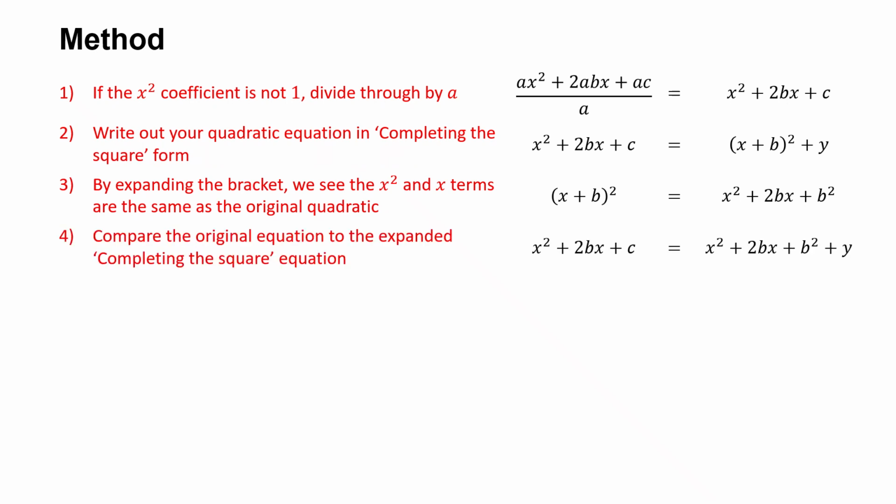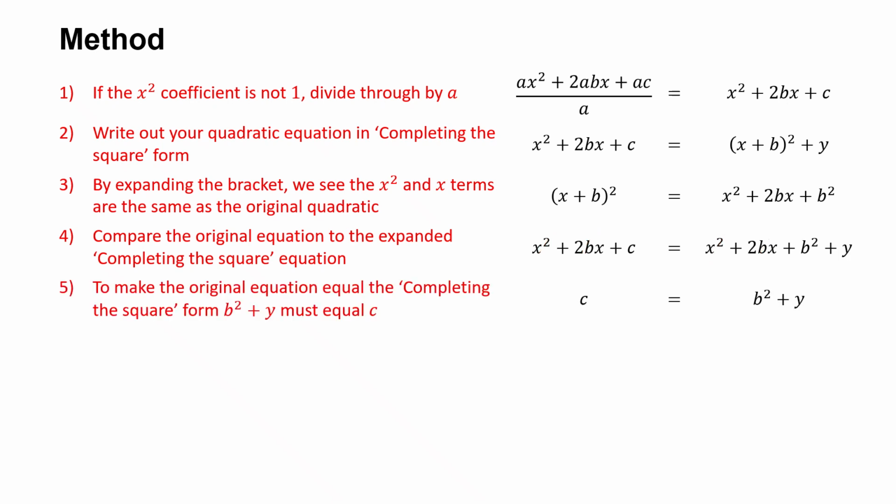So what we can do is add this plus y term back on at the end. You can see on the right hand side, we've expanded out the bracket and now we've added that y term on at the end. By comparing these two equations, you can see the x squared terms cancel out, the plus 2bx terms cancel out, and we're left with c is equal to b squared plus y.